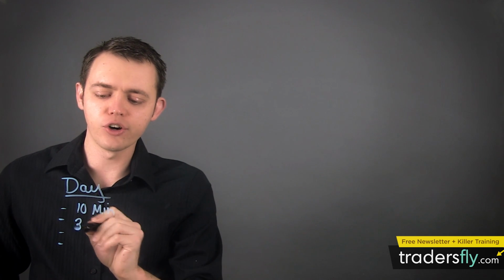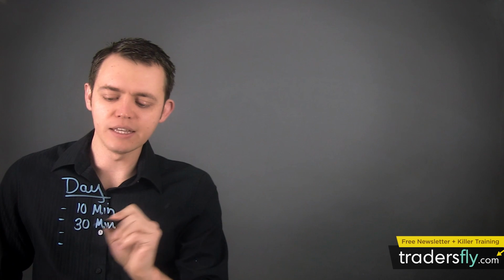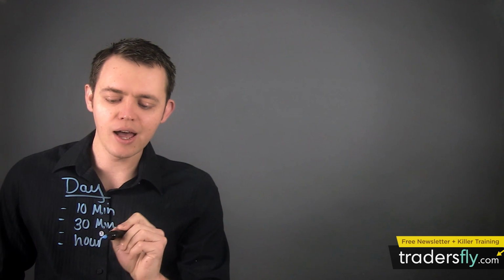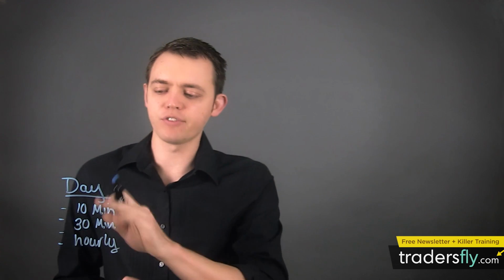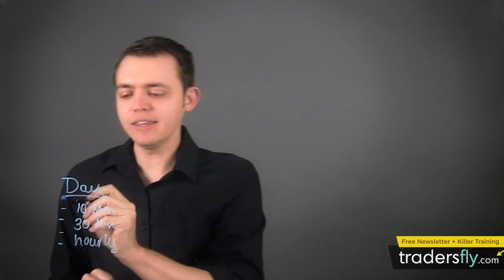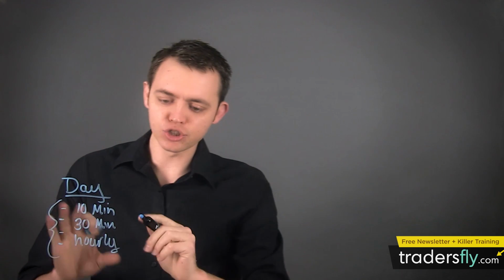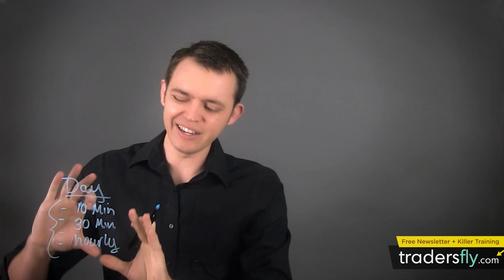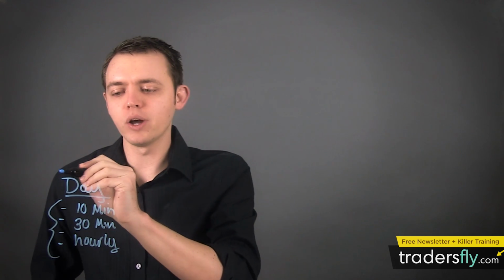Within the day you may have a 10-minute, a 30-minute, an hourly. There are a lot of different time frames just within the day chart, and these are typically called the intraday time frames, because they're minutes and they're within the day. But our primary one here is still the daily.